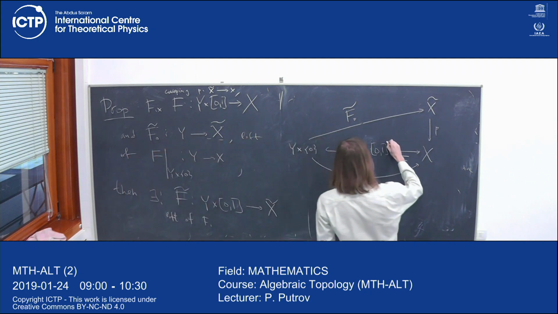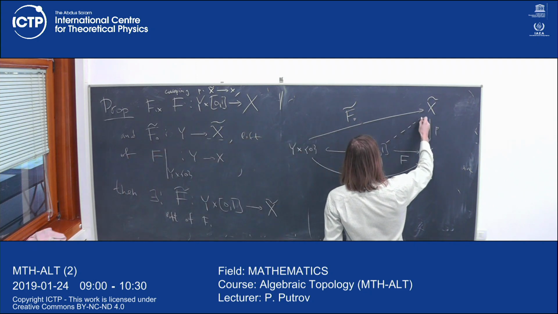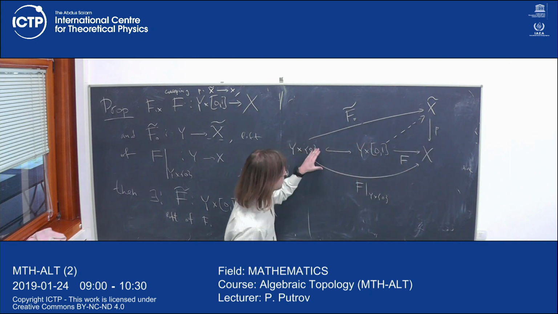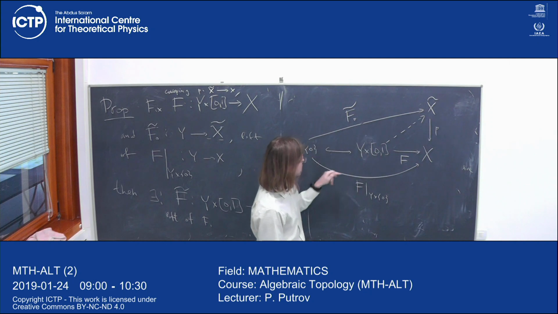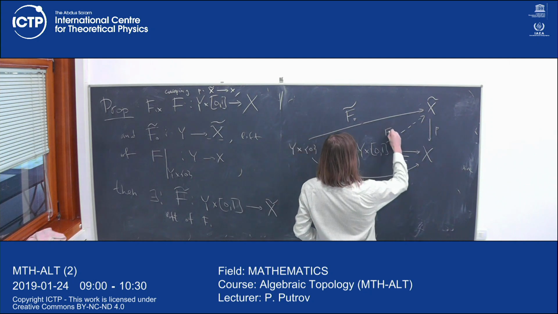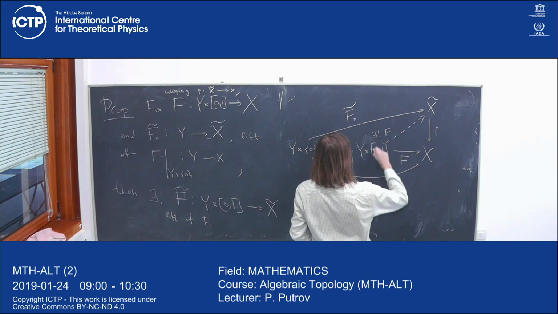And the statement is about existence. Once given all those non-dashed maps, so everything commutes, the statement is that there exists a unique lift like this.